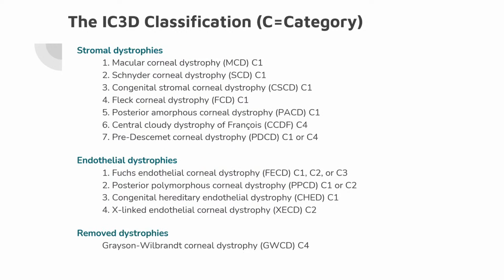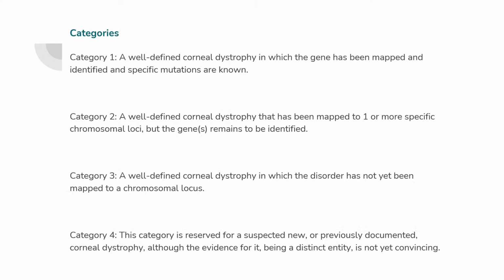And in stromal corneal dystrophies: macular corneal dystrophy, Schnyder corneal dystrophy, congenital stromal corneal dystrophy, fleck corneal dystrophy, posterior amorphous corneal dystrophy, central cloudy dystrophy of François, pre-Descemet corneal dystrophy. Endothelial dystrophies include Fuchs endothelial corneal dystrophy, posterior polymorphous corneal dystrophy, congenital hereditary endothelial dystrophy CHED, and X-linked endothelial corneal dystrophy. And they removed Grayson-Wiedemann corneal dystrophy.